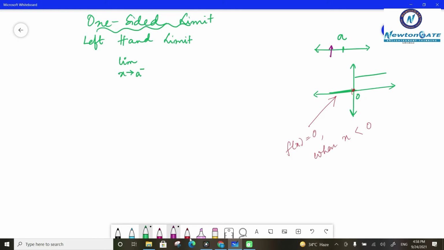That is the meaning of the notation. Why do we write the minus sign? Basically to represent that anything moved towards the left is called a minus.